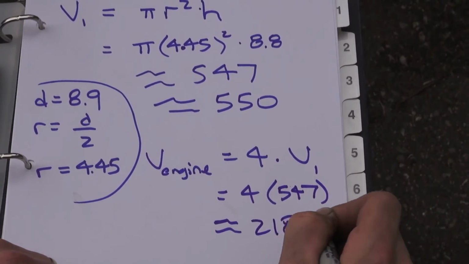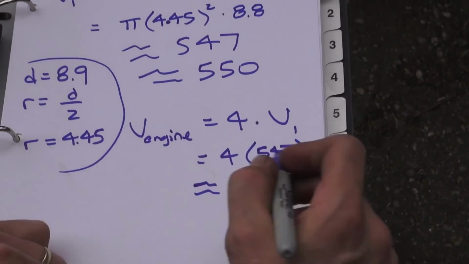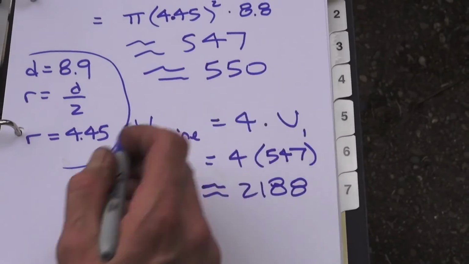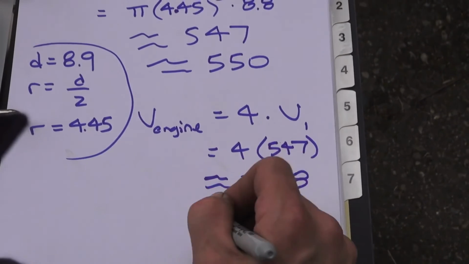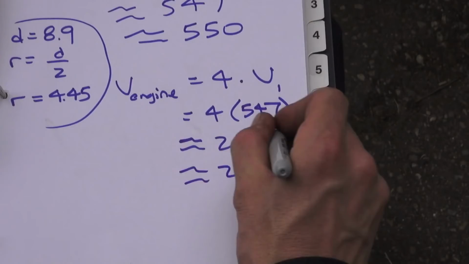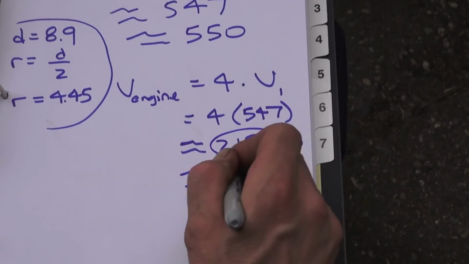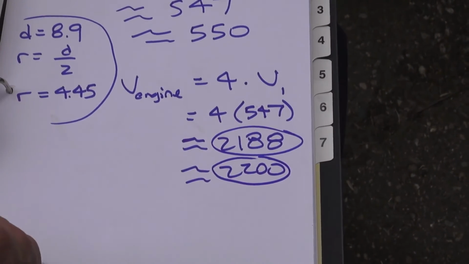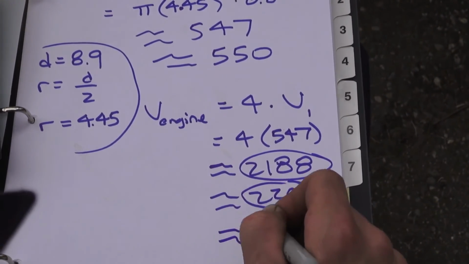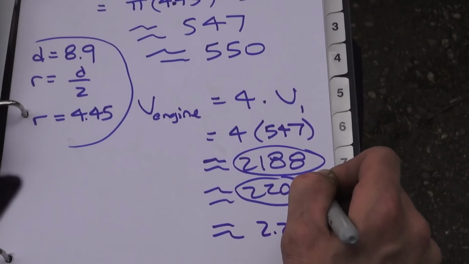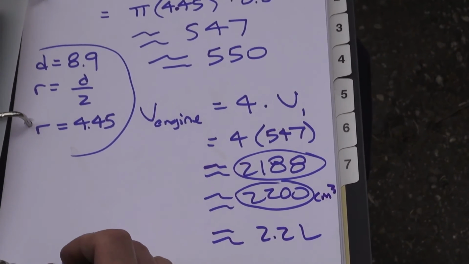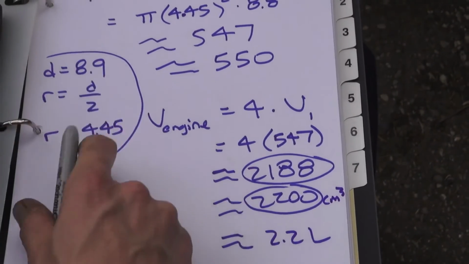Remembering that these are all approximate because of our measurements. 2188, if I had done 4 times 550, I would have actually got the 2200. But it doesn't matter because even if the numbers come out like this, they usually just round them off when they tell you what the engine size is. So that's where that 2200 or 2.2 liters comes from. This is 2200 centimeters cubed or 2.2 liters.